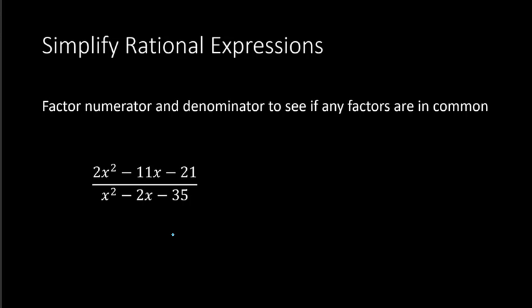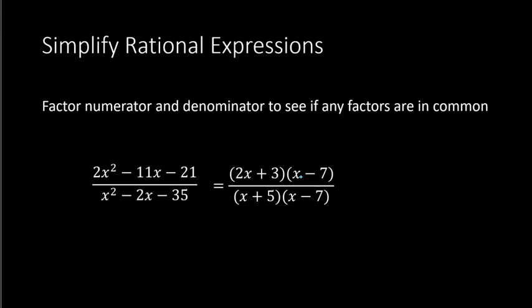At this point, we are assuming you are proficient in factoring. If you're not, refer back to the previous lesson to get some practice. We're going to gloss over the factoring process and just show you what you get. The numerator factors to 2x plus 3 times x minus 7, and the denominator factors to x plus 5 times x minus 7.